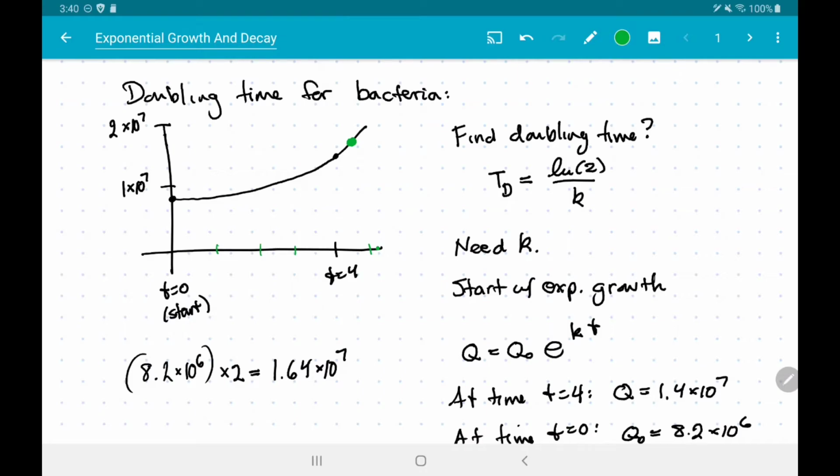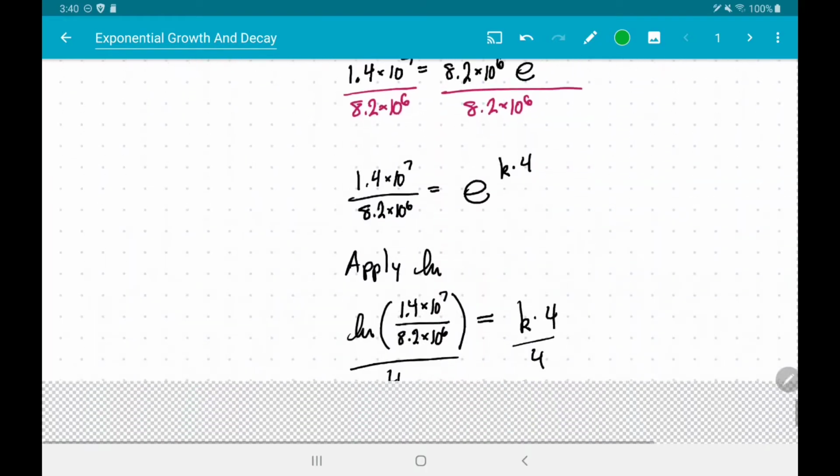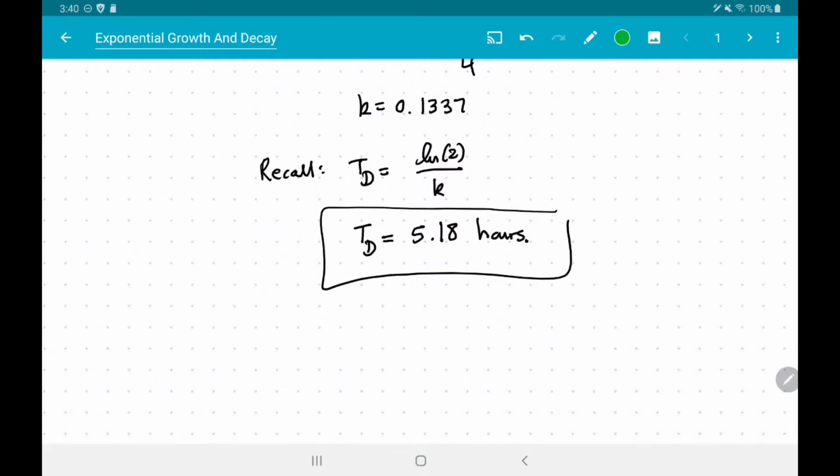So that's conceptually the right order of magnitude, so it looks like we've done the calculation correctly. If we had gotten that the doubling time was going to be 40 hours, then that probably indicates a mistake somewhere, because by 40 hours, just looking at these numbers, it looks like the population is going to be huge. Okay, so there you go. That's how to calculate the doubling time given 2 points on an exponential growth curve.